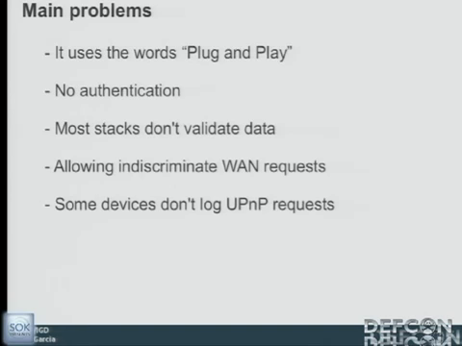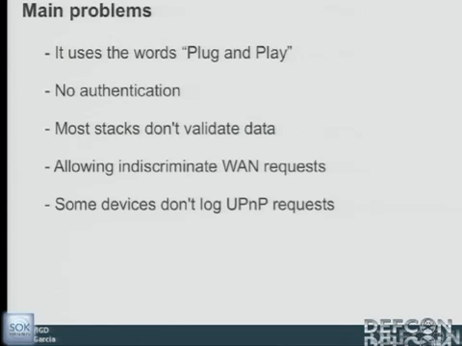In this case, a lot of stacks do not check if the internal IP is actually on the LAN. So what that allows us is to put any IP that we want in that port mapping. If I want to add a port mapping at the device pointing to an Amazon IP at port 80, it's doable in most devices, which is also a little bit weird.